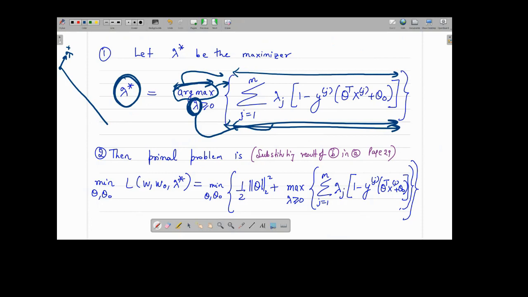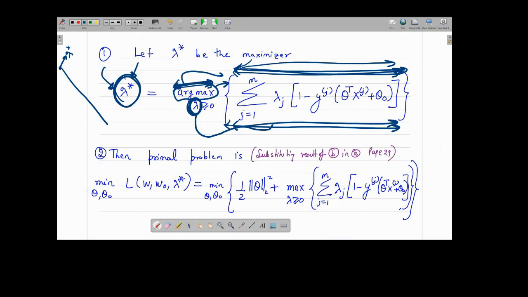You put these values into this expression, and then you find out which lambda can minimize this expression. I'm sorry, not minimum here, it will be maximum, the other way around. So you have to find the value of lambda which can maximize the argument inside. Whatever value of lambda maximizes it is the lambda star. That's why we write argmax on this expression.